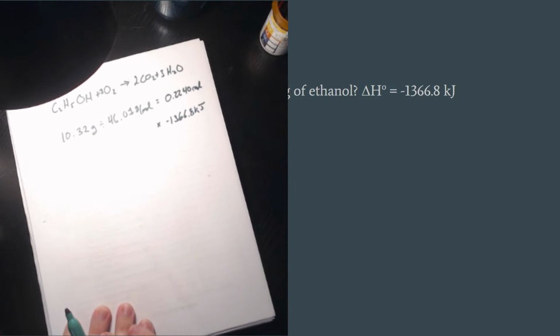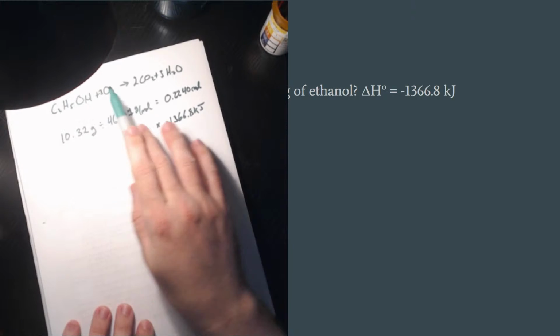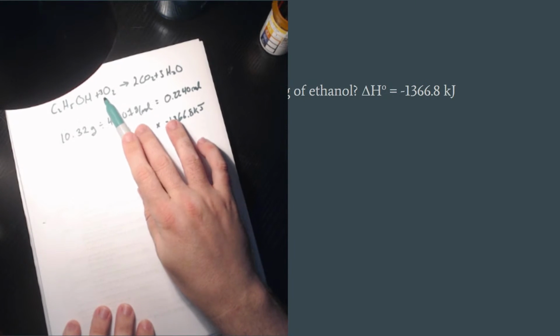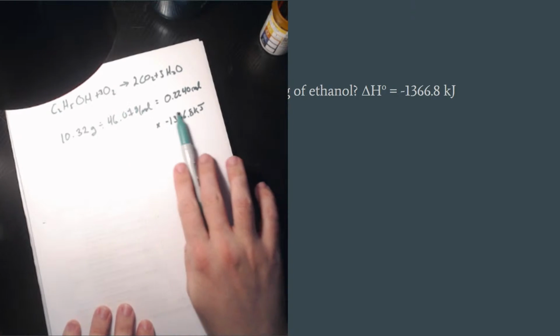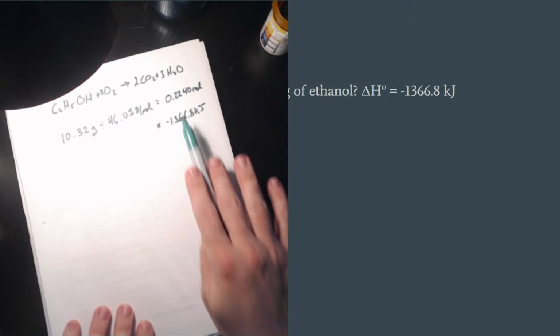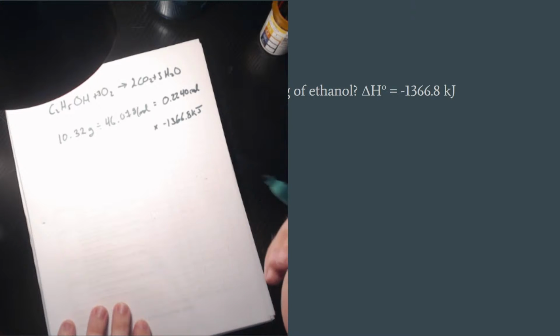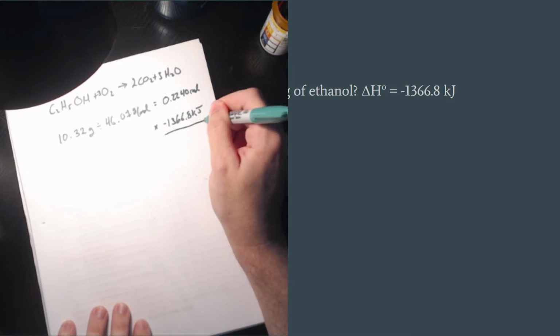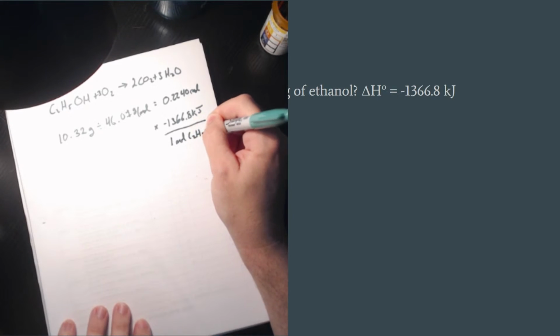When you burn ethanol, you only consume 1 mole of ethanol, but for every 1 mole of ethanol, you're also going to consume 3 moles of oxygen. So what this enthalpy of reaction means is that every time this reaction occurs, it will release this amount of heat, but it is per 1 mole of our ethanol.